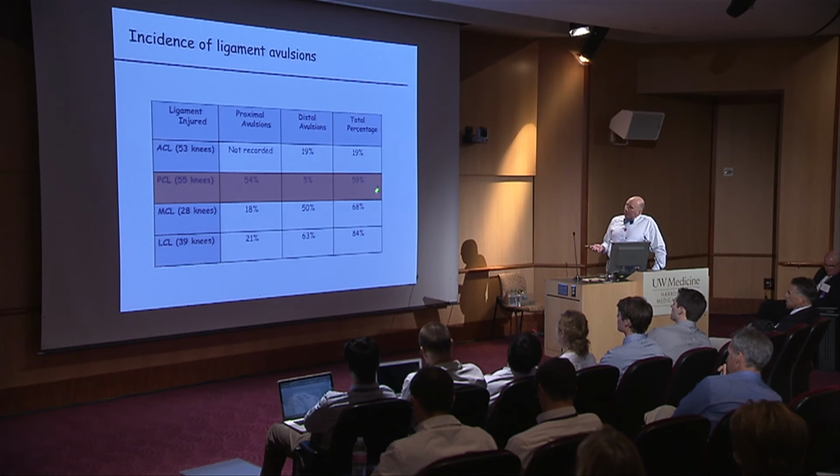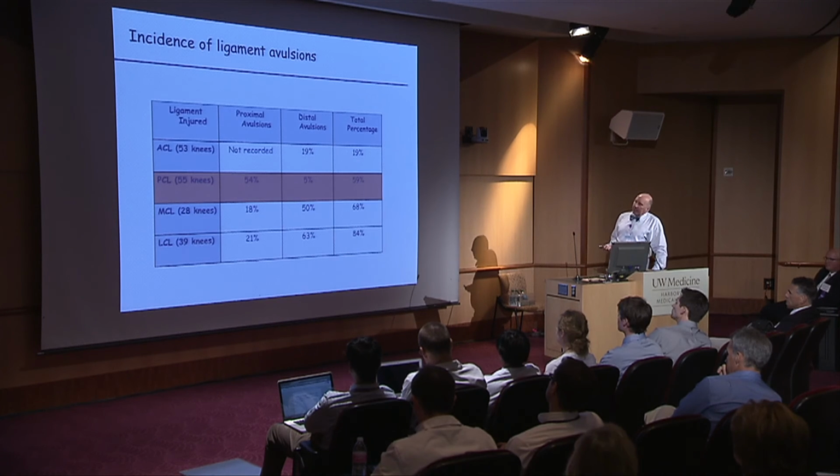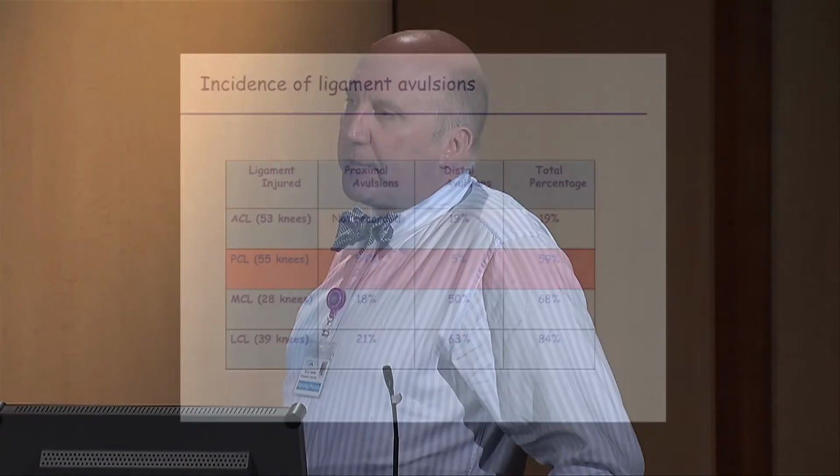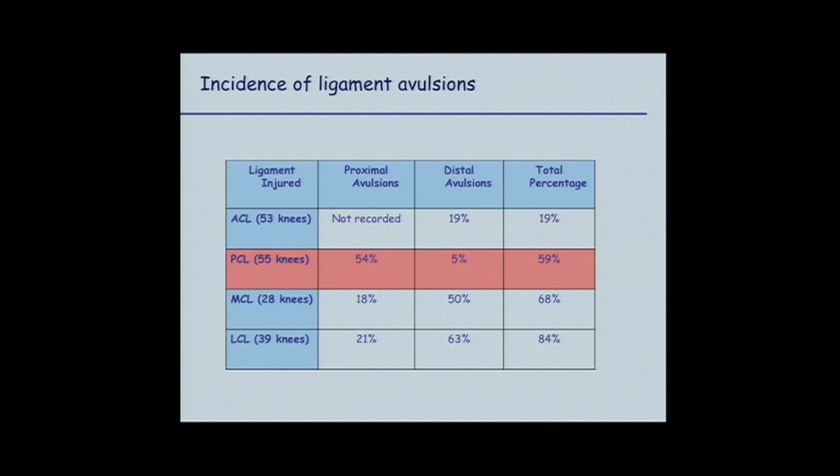In this initial group of patients, 59% of the PCL injuries were reattachable. When I looked at the first 200, this number had dropped to about 45%. So I think probably people got better at recognising these injuries, and the mid-substance posterior cruciate ligament injury increased in frequency in my series as I gathered these patients.